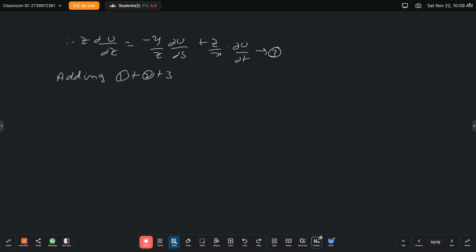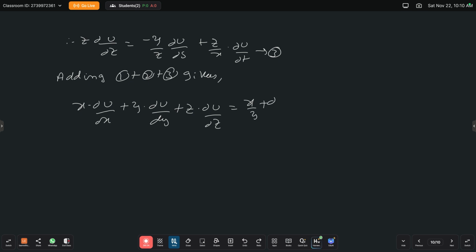So adding 1, 2 and 3 gives the result: x into dou u by dou x plus y into dou u by dou y plus z into dou u by dou z equals x by y dou u by dou r minus z by x dou u by dou t, the first equation, plus the second equation, minus x by y dou u by dou r plus y by z dou u by dou s.